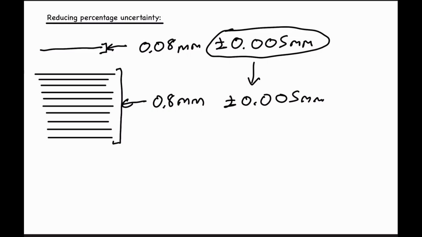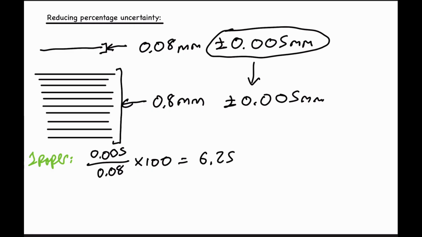Now let's calculate the percentage uncertainty for the first scenario. When we're measuring one paper, our percentage uncertainty would be 0.005 over 0.08 times 100, and we get around 6.25% percentage uncertainty.